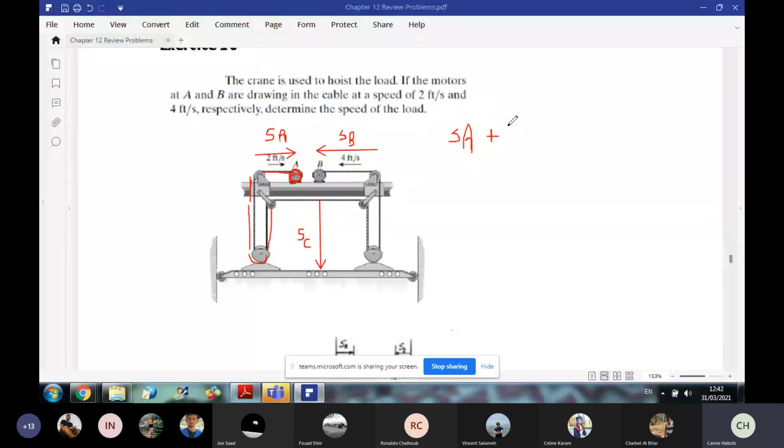So I have until now 2 SC minus SD. And if I continue, I have S of B. So it's 2 SC minus SD plus SB equals a constant.